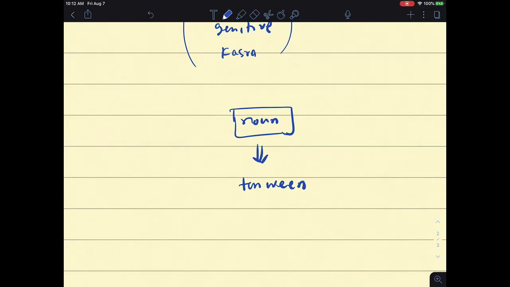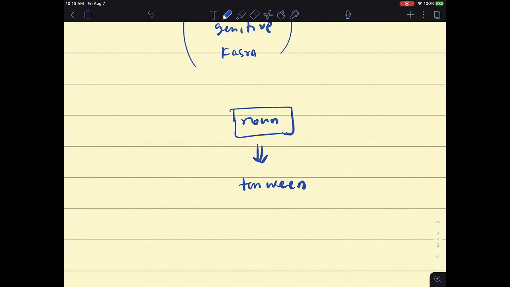Will you ever see tanween in a verb? Yes or no? I'm just trying to get you guys warmed up. Are you sure? Tanween is only unique to noun. If you see a tanween, you can close your mind: this will never, ever be a verb. And what else can it not be?